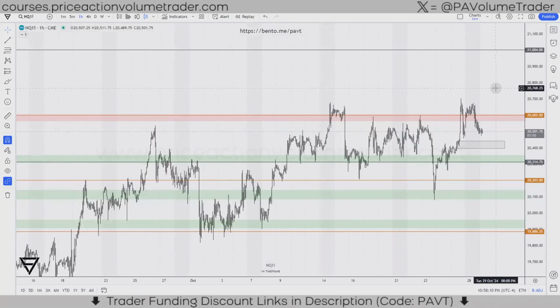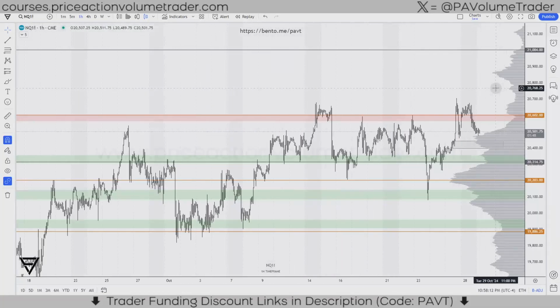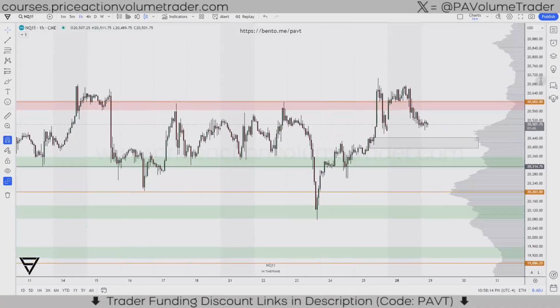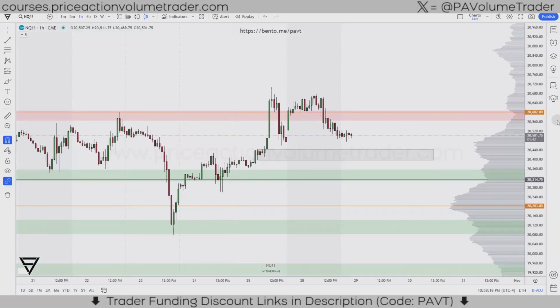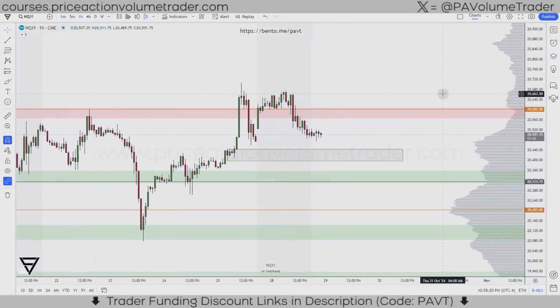Here, if we go down into the 1 hour, let me just bring up the profile again. And so you can see we gapped up at the end of Sunday night. So I was watching this on Sunday night to see if we would just come back and fill it.